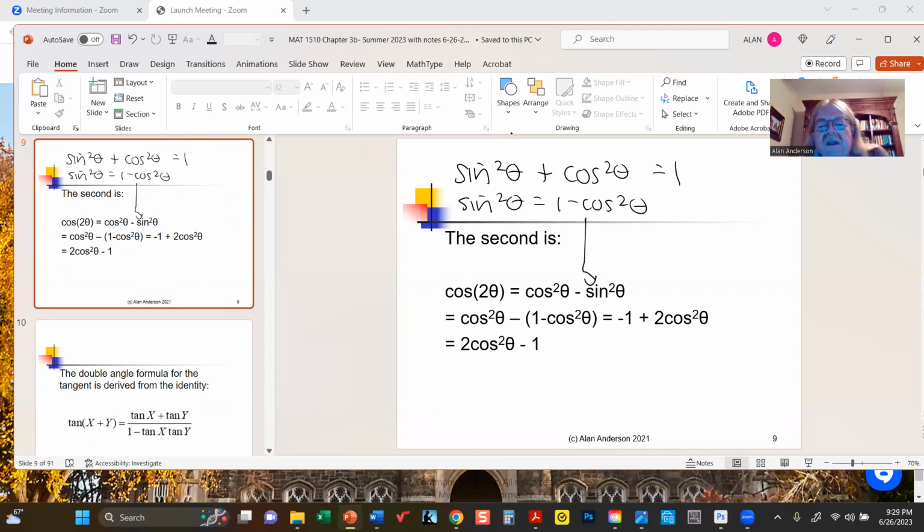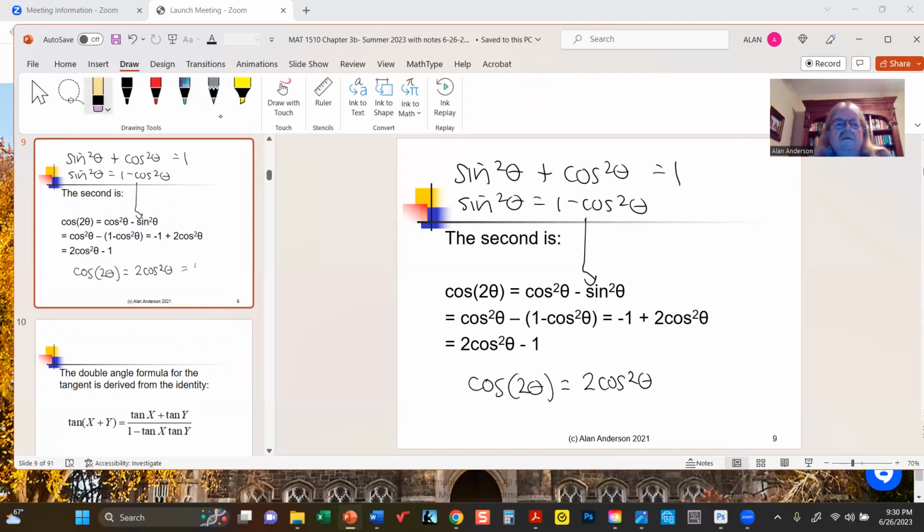So we've got cosine squared theta minus 1 minus cosine squared theta, or we can rewrite that as negative 1 plus 2 cosine squared theta, or 2 cosine squared theta minus 1. Again, you have to take it as a given that this may come in handy, and it definitely will.